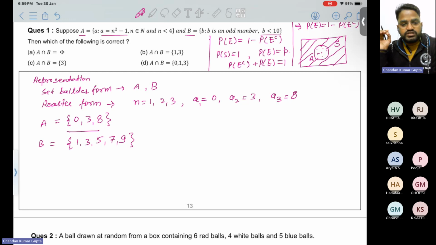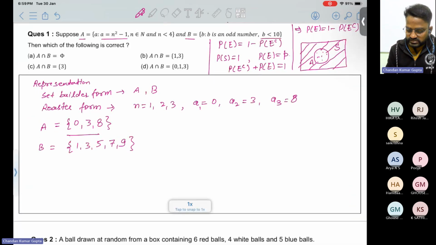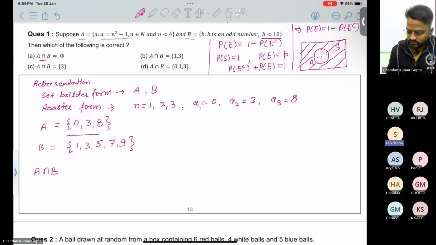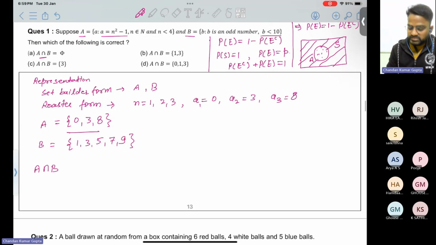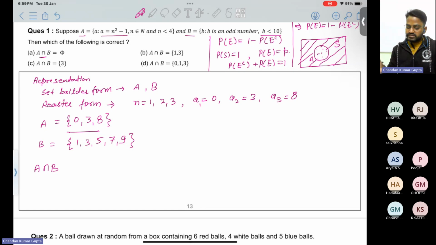Now, what is the question? Which of the following is correct? This symbol is called intersection, meaning those elements that are common in both the sets.